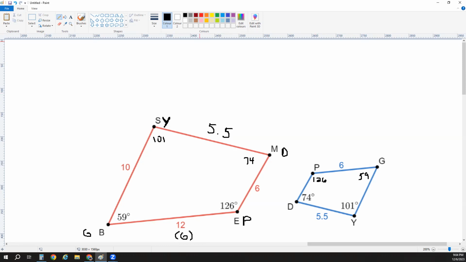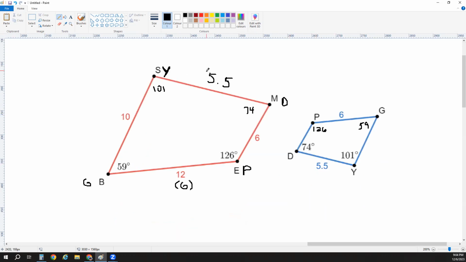Given three density values. Pause this and think on it for a second. Okay, so it's presuming that these are similar, right? Find the rest of the measures.